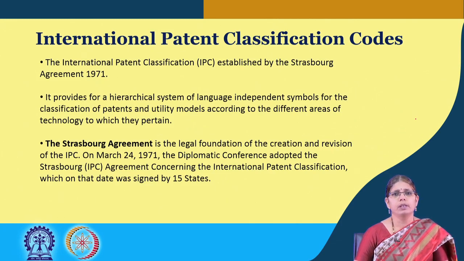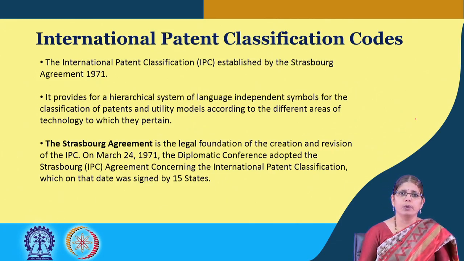The International Patent Classification Code system is very important to understand, because most patent documents are actually classified as per this particular classification code, and these were evolved under the Strasbourg Agreement in 1971. Today we have a whole lot of countries who have signed up with this Strasbourg Agreement, and to which the classification system is applicable.